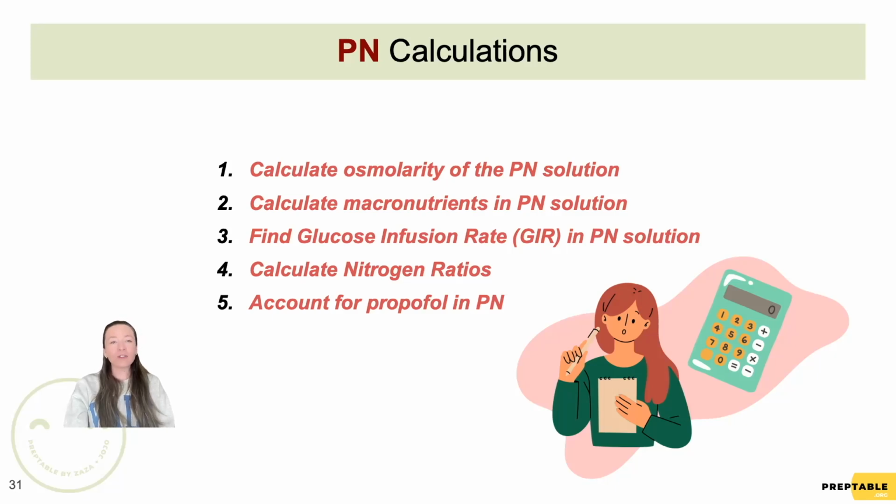The RD exam also occasionally tests students on their ability to calculate glucose infusion rate, or GIR, in PN solution. So we will learn the formula and how to complete that. Next, you will learn how to calculate nitrogen ratios. And then finally, we will finish this section with how to account for propofol in PN. Now, if you don't know what that is, don't worry about it. I will explain it shortly.